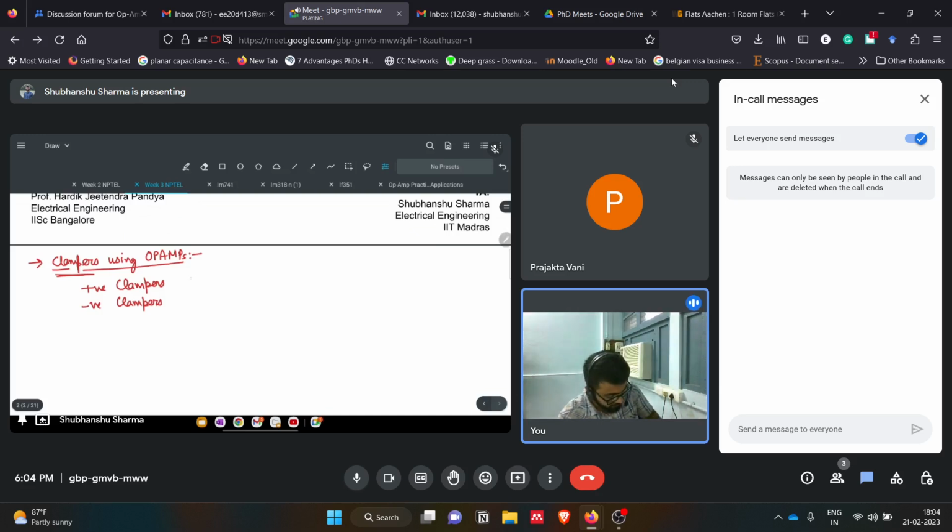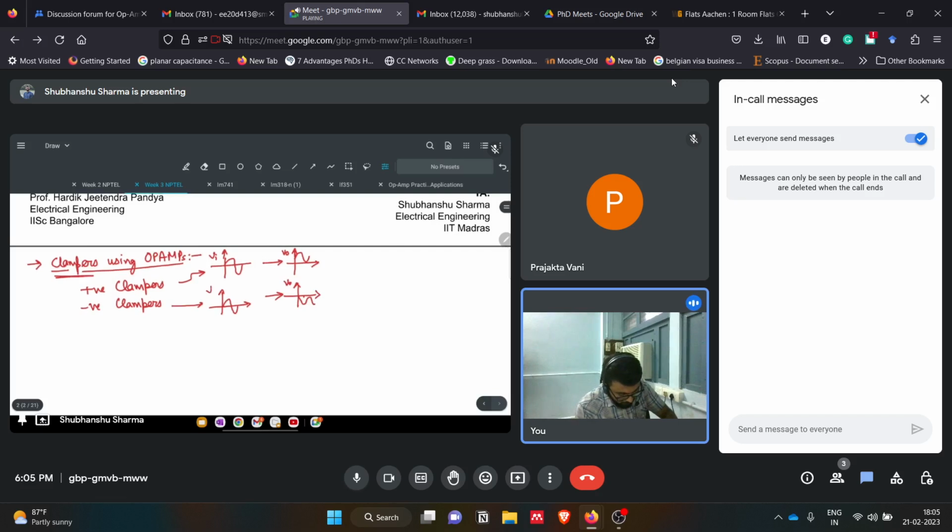For example, if we have a waveform like this, it can clamp it to the positive side. This is V output, this is V input. Similarly, for this input waveform, it can clamp it to the negative side like this. This is V output, and this is V input.